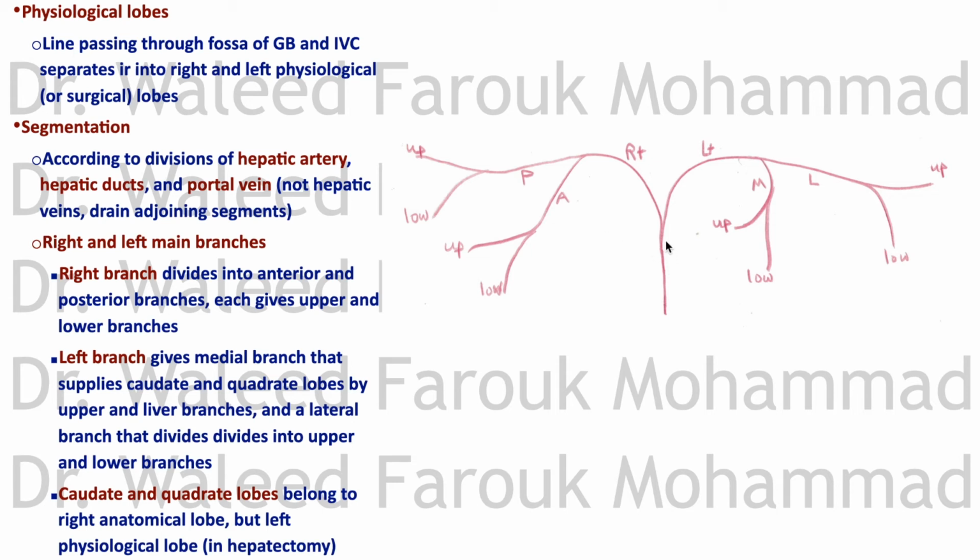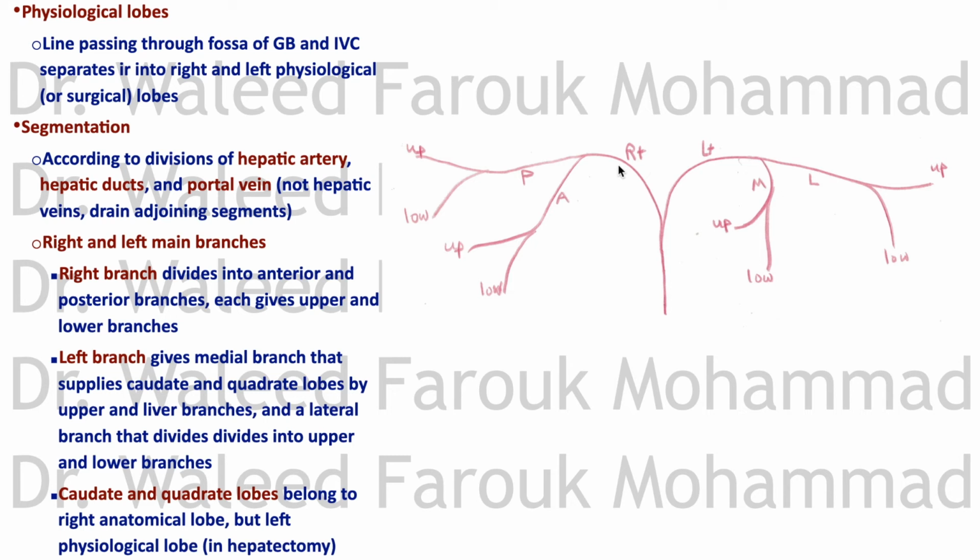The hepatic artery divides at the porta hepatis in a V-shaped manner. The portal vein divides in a T-shaped manner. It gives a right branch and a left branch, as you can see here. The left branch gives a lateral branch and a medial branch. Each branch divides into superior and inferior, or upper and lower.